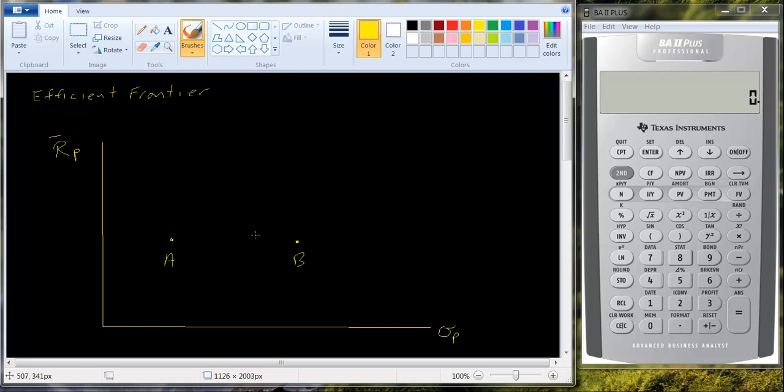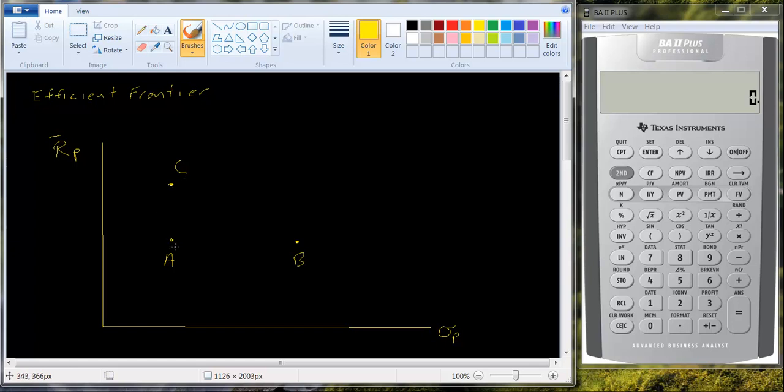How about if I pick another portfolio and put C up here? If we were to compare A to C, we would say that C is better because, again, I've tried to draw it so that you have the same level of risk. It's moved the same distance on the x-axis, but C has a higher expected return.